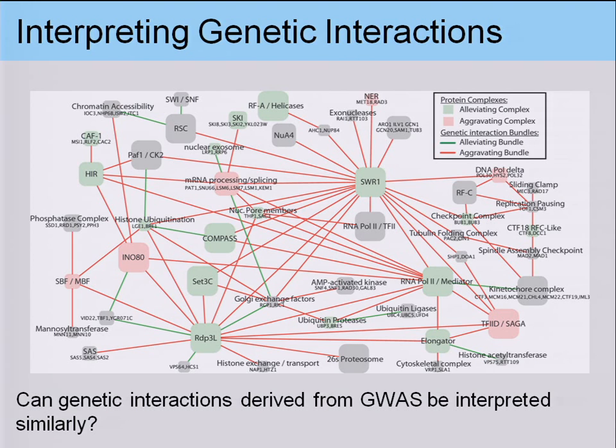Given all these genetic interactions derived similarly, can we move from genes to complexes?